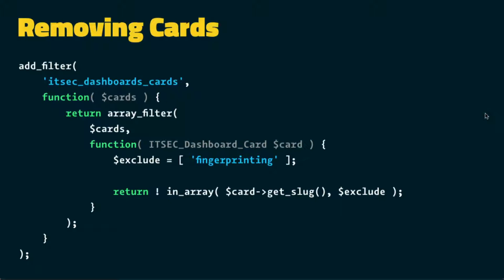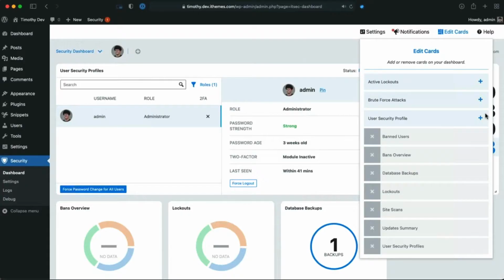In this case, I'm removing the fingerprinting dashboard, also known as trusted devices. And you can see the trusted devices dashboard card no longer shows up in the edit cards interface. You can exclude any of those cards using that filter if you want to.